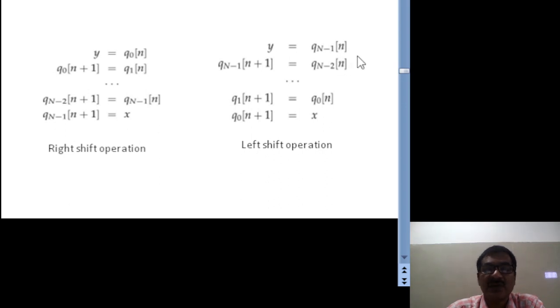The next state Qn minus 1 of N plus 1 is Qn minus 2 of N. Like that, for the LSB D flip-flop, Q0 of N plus 1 is equal to X. Like that you can express the Boolean equations at the output of each and every flip-flop. So here we can observe both the right shift operation and also the left shift operation.